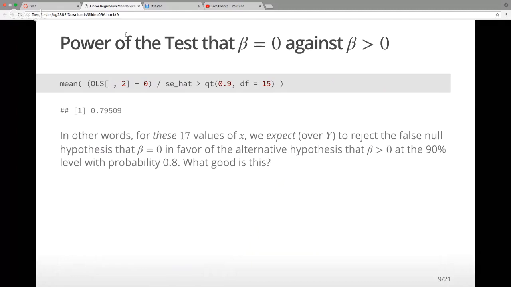You can't really make probabilistic statements like beta is probably positive, because beta is not a random variable and doesn't have probability distributions associated with it. But you can say, okay, I reject the null hypothesis that it's 0 in favor of the alternative that it's positive, so I'm going to move forward under the conclusion that beta is positive.